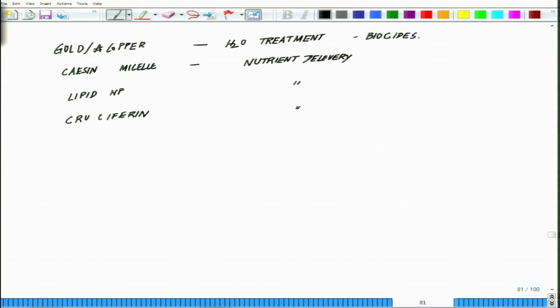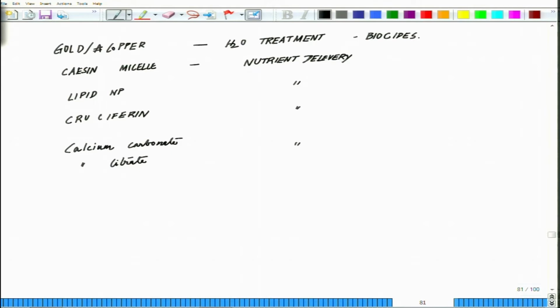Then you have calcium carbonate and calcium citrate. These metal nanomaterials are used again for different kinds of nutrient delivery applications.